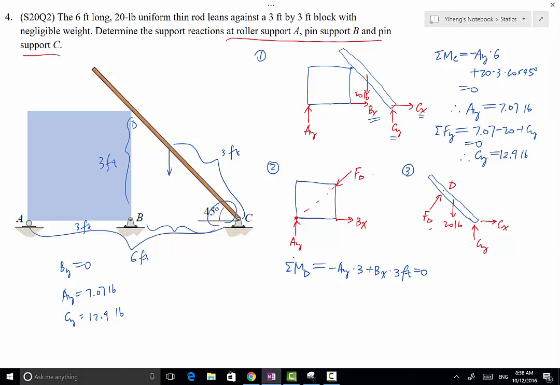So Bx equals simply Ay, which is 7.07 pounds. And lastly, going back to free body diagram 1, you can see that Bx plus Cx equals 0. Therefore, Cx equals negative Bx, which is negative 7.07 pounds.